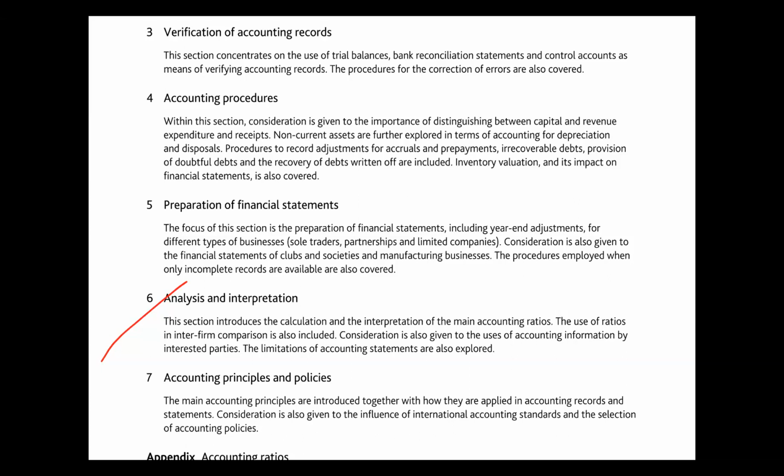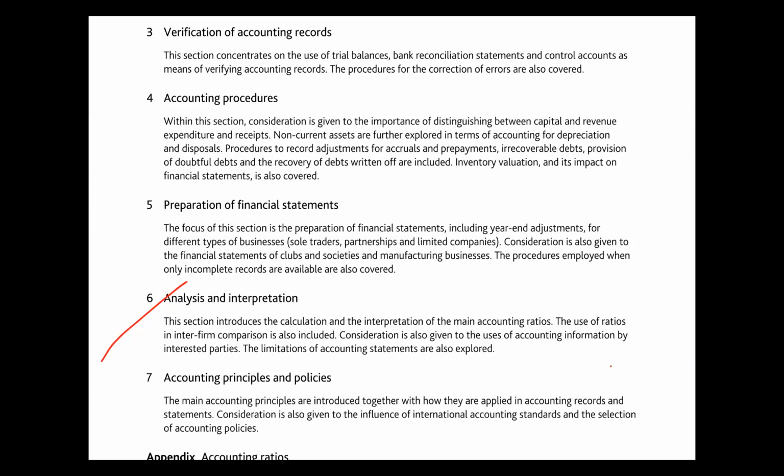There is a lot of information on those prepared statements. So what we want to teach you in this unit is to interpret and calculate the ratios from these statements that have already been prepared. So the statements have already been prepared, then extract the information and use the ratios.